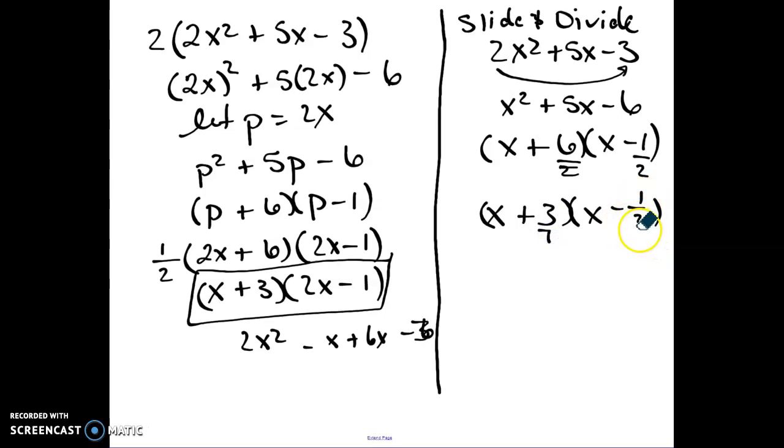And then I don't want these fractions in the denominator, so I am going to move that fraction to the front. So this is 3 over 1. If I multiply by 1, I still have x plus 3. This is a 2, so I multiply by 2 and I get 2x minus 1. And you see I end up in the same place. This is the conceptual understanding of why, and this is just the shortcut method. Hopefully that will help explain the steps that were written out. If you have any questions, you can review it.